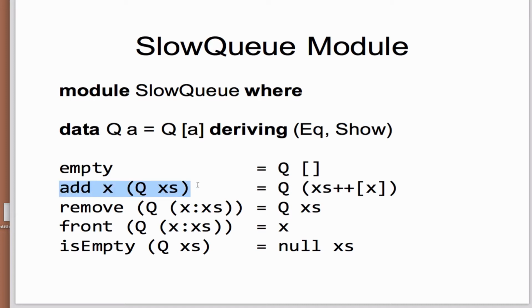But where we pay the big price is when we add something to the list. And that's because lists are cheap to access things at the beginning, but expensive when you want to access things at the end. And that's because we have to use this recursive function append, or however it's defined. It's going to be defined ultimately in a way that means the number of steps it takes to put something at the very end of a list is roughly the same as the length of the list that you're adding to.